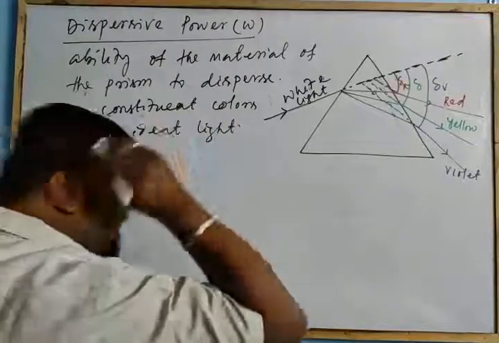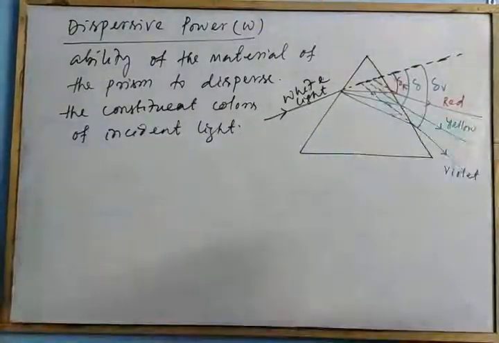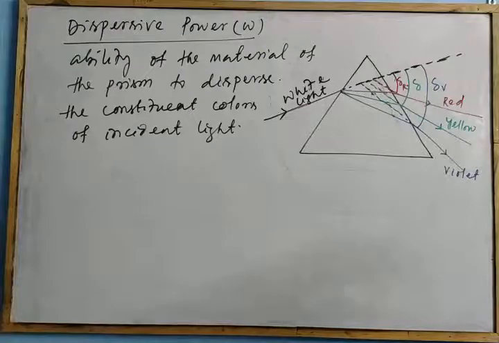White light is the incident light and the constituent colors are the 7 colors.